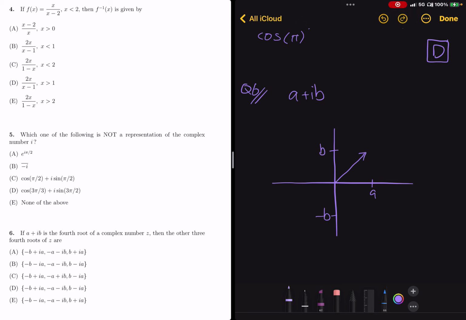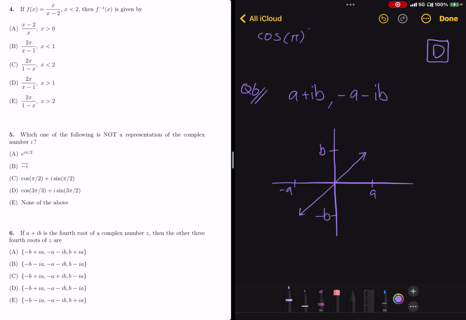First it will be the opposite vector, so we have minus a minus b. So one of them will be a plus ib, and one of them will be minus a minus ib. And if we look at the sets of solutions here, they all have minus a minus ib.